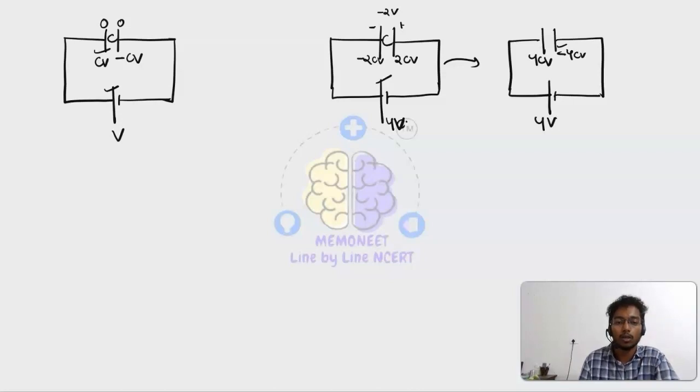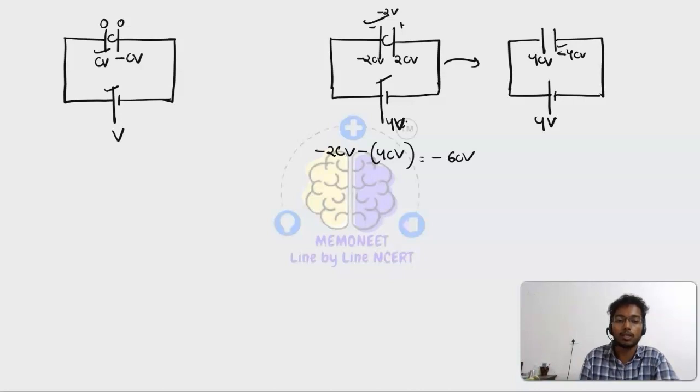So how much charge has gone from the negative plate to the positive plate? Initially it is minus 2CV and at the end it has minus 4CV, so the difference is minus 6CV.